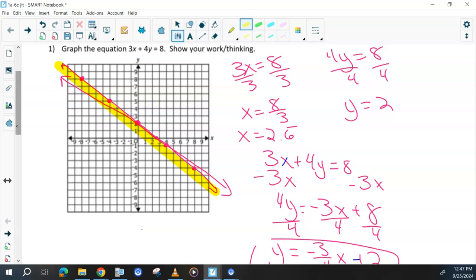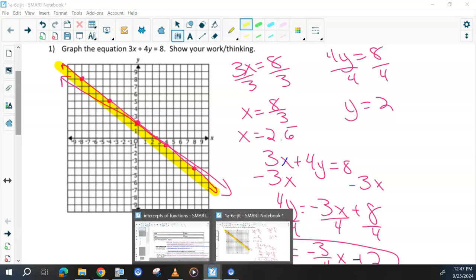Now we're going to talk about the last thing we need to do before your quiz on Friday, test on Tuesday, which is intercepts. So it'll be kind of what we talked about last class, but a little bit more in depth, and from a graph. So everyone look at the intercept notes.